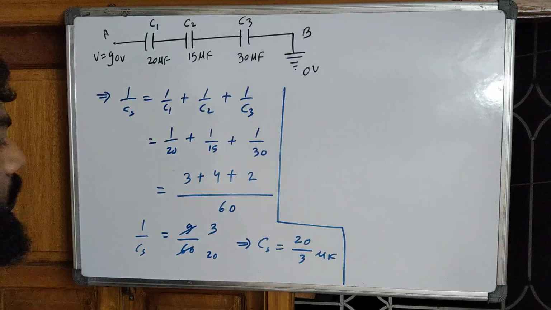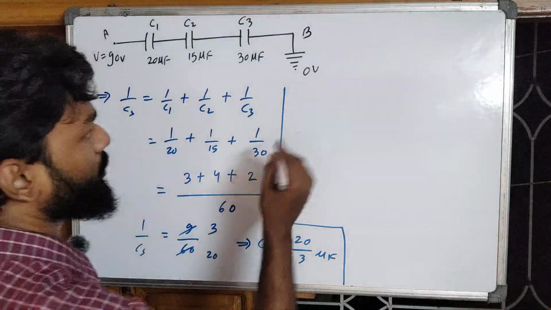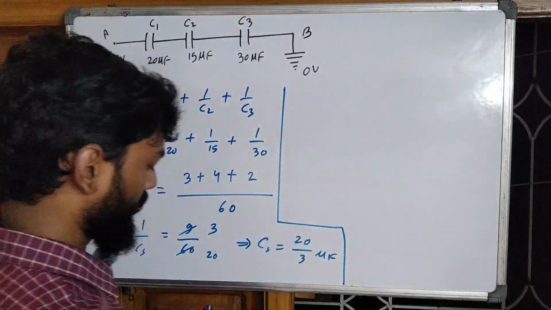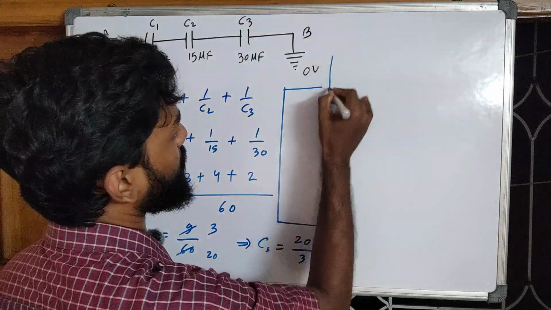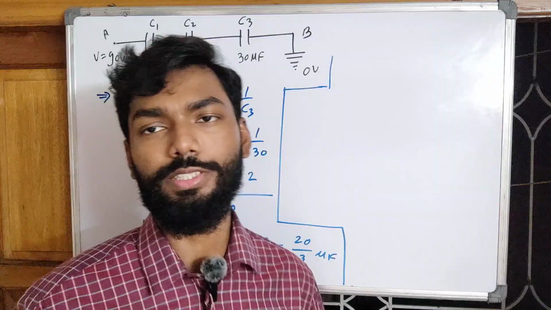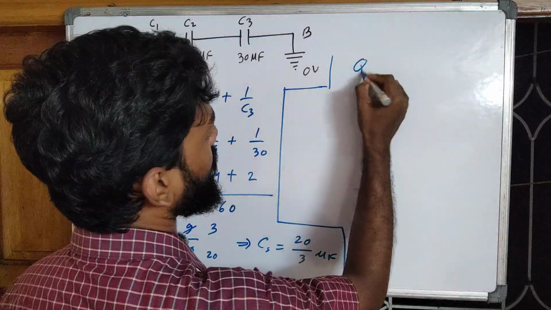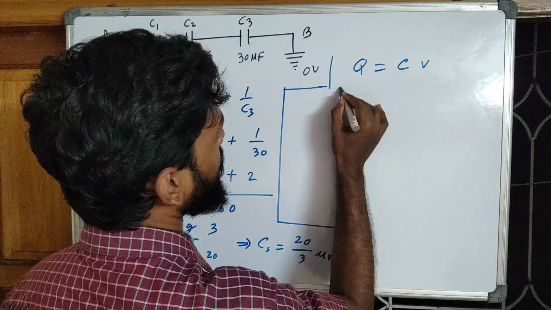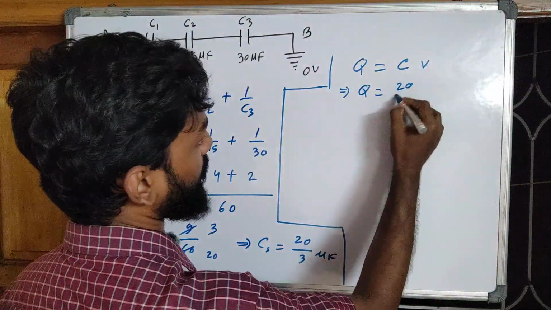Now the charge across each capacitor. All right, what is the formula for charge? Q equals CV. So you can play the video at 1.25 or 1.5x, as I'm teaching too slowly, I guess. Q equals C times V, and C, as we have found out, is 20 by 3.